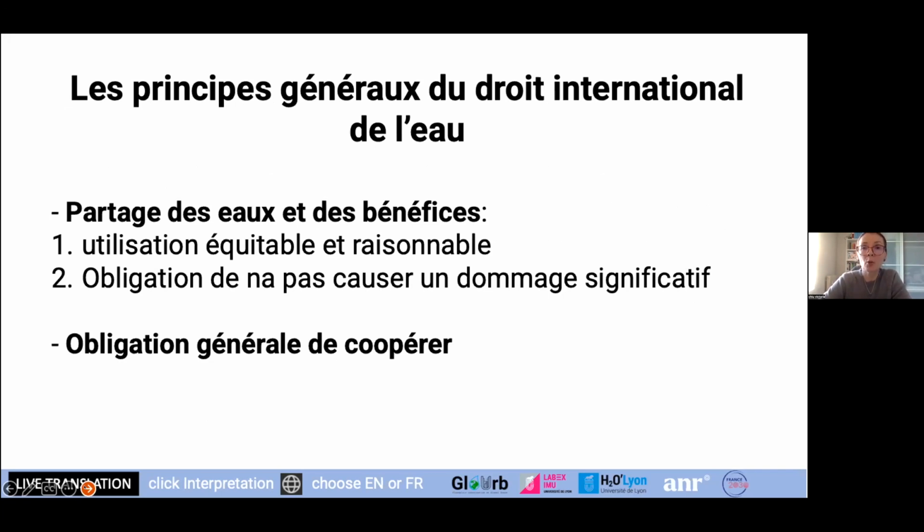Now, what are the main general principles in terms of international law when it comes to water? Well, there are different principles that are obligatory and that apply.